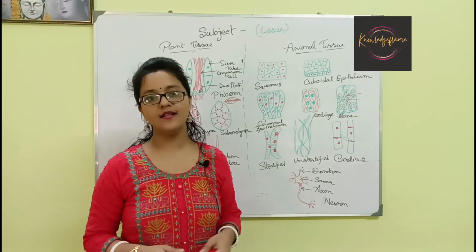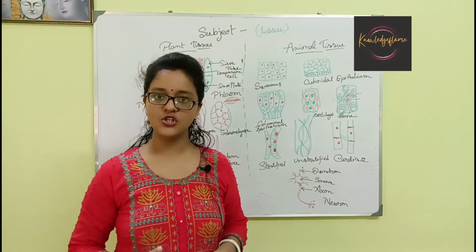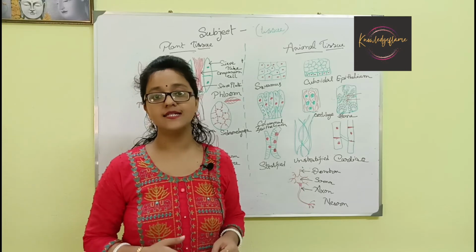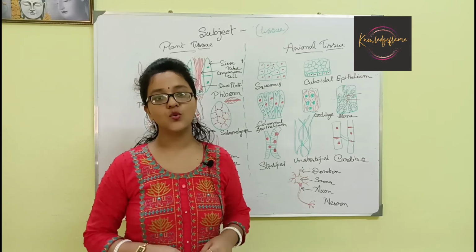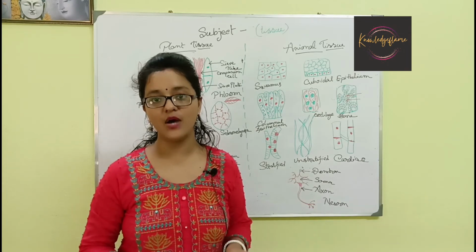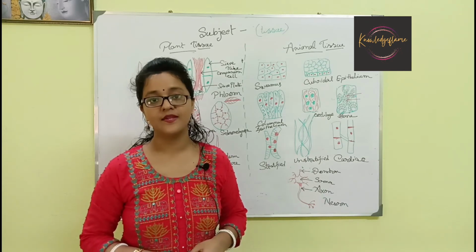So this epithelial tissue can be of different types: squamous epithelial tissue, cuboidal epithelial tissue, columnar epithelial tissue, and lastly glandular epithelial tissue. Squamous epithelial tissue is found in the lining of the mouth, the lining of the esophagus and the lining of lung alveoli.